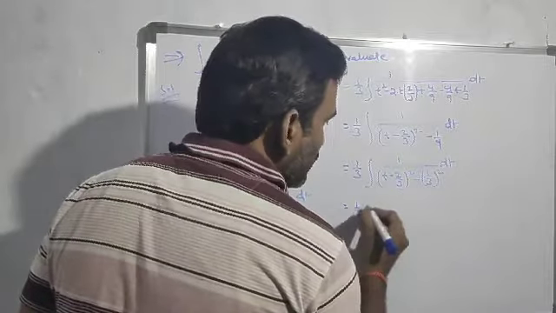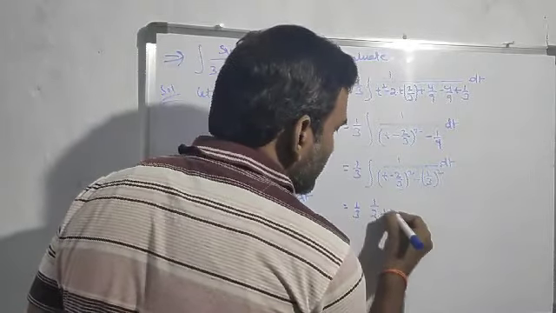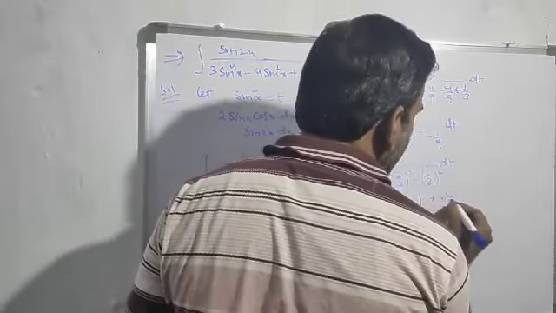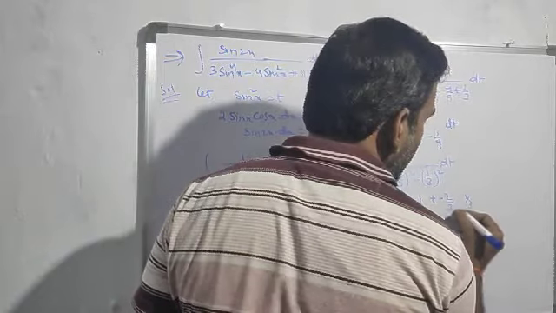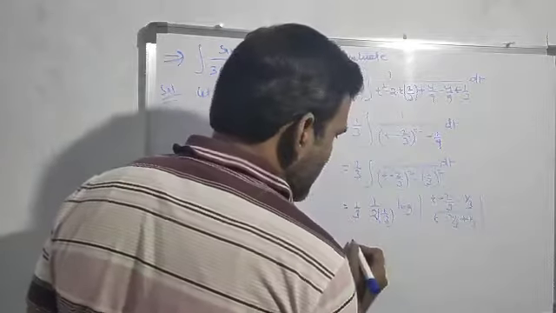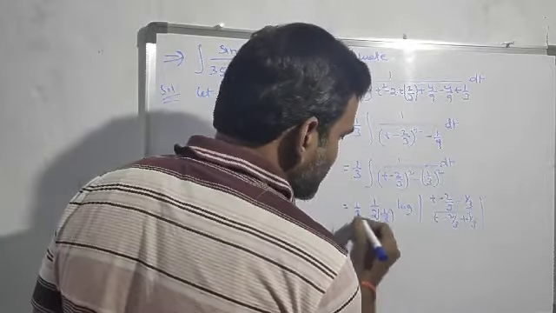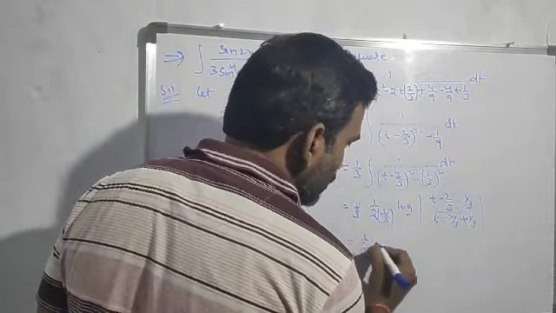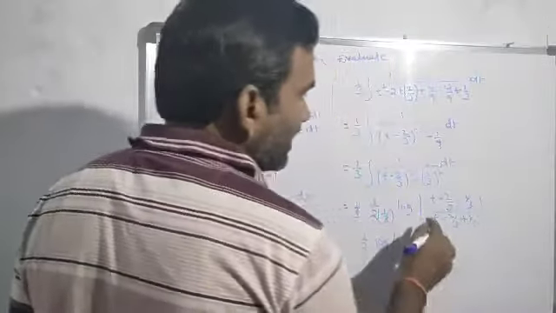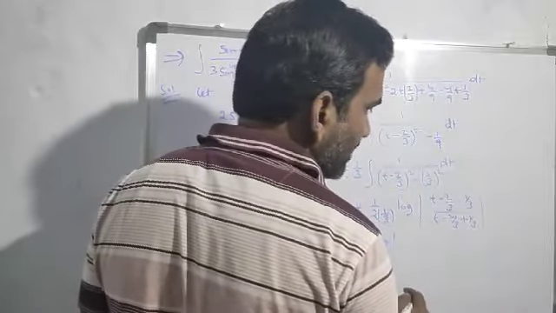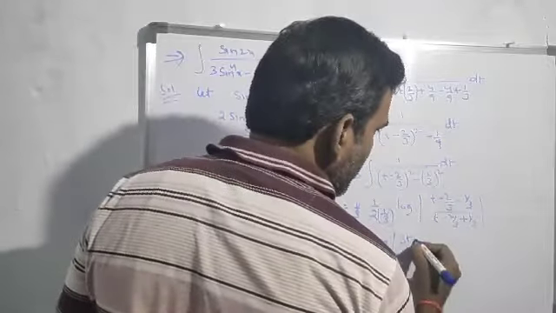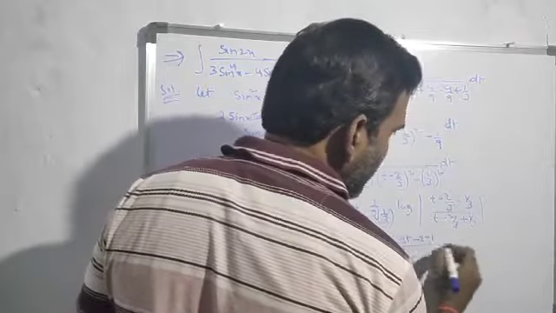So 1 by 3 into 1 by 2a log of modulus of x minus a by x plus a. Here 1 by 3 gets cancelled, giving 1 by 2 into log of t minus 3 by 3. Or otherwise you just put 3t minus 2 plus 1, multiplied by 3.